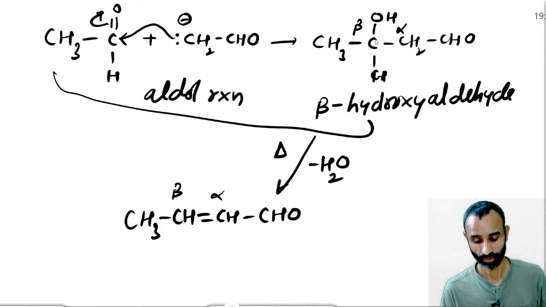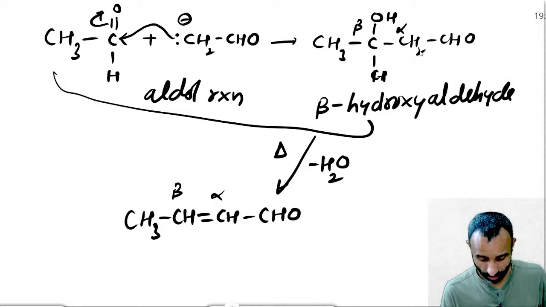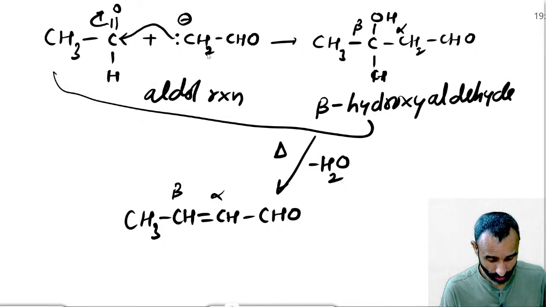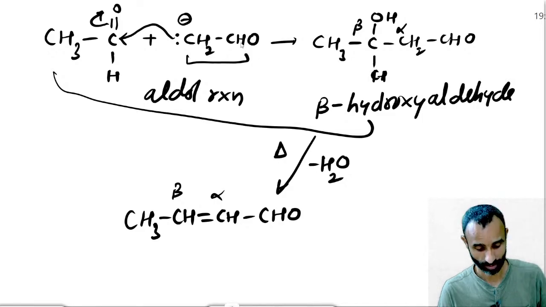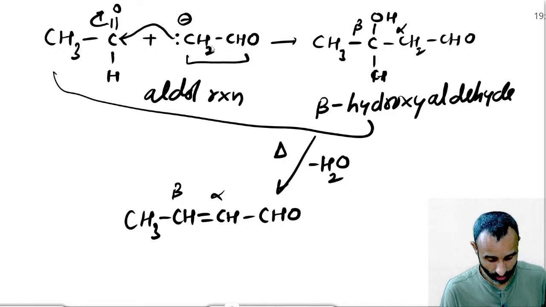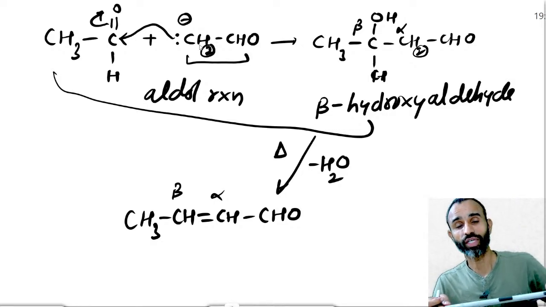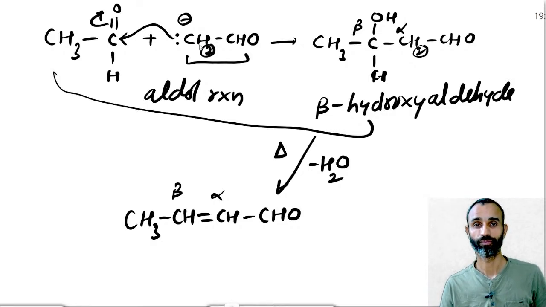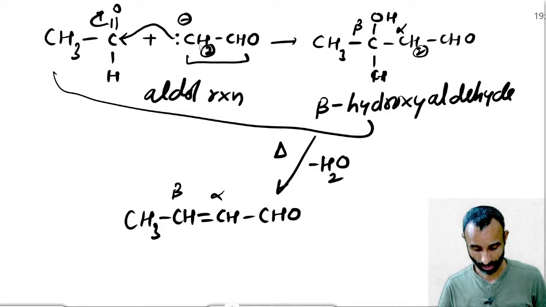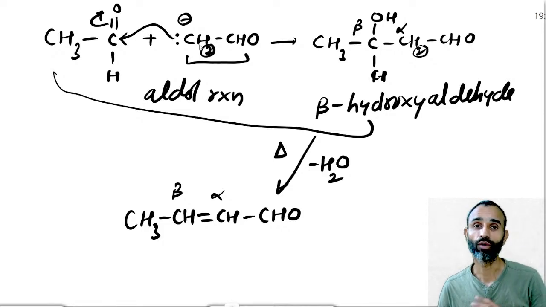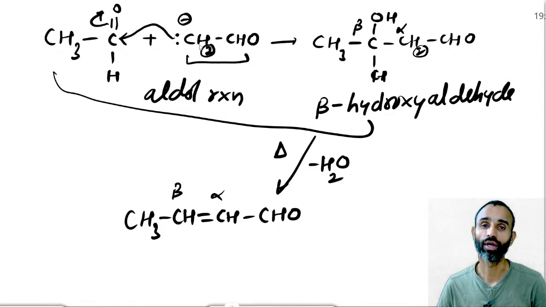So obviously two hydrogens are removed. See first, in this alpha hydrogen is removed first. Again this alpha hydrogen is removed. So two alpha hydrogens are removed. Understood. And oxygen is removed from keto or aldo.